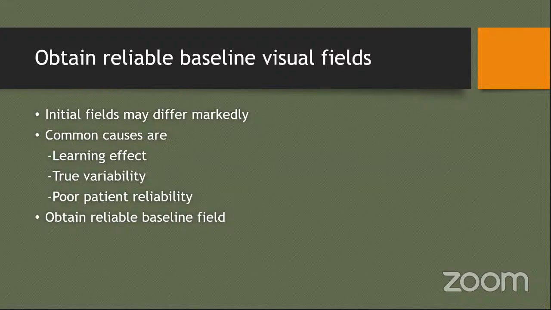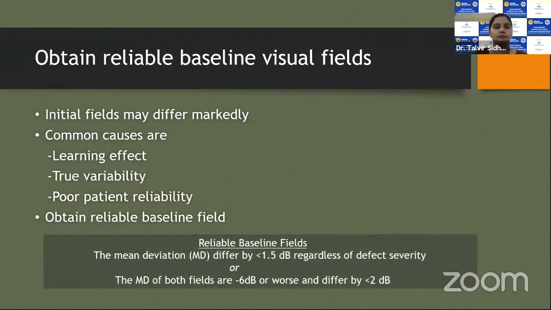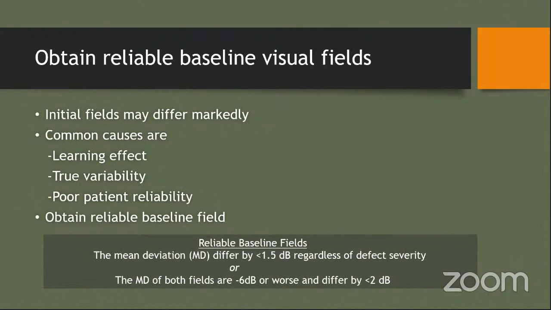It is the most important step in glaucoma management because it is the very field that would determine whether the patient's visual field is stable or deteriorating in future. Now, the question is, what constitutes a reliable baseline field? These two criteria may be used, which basically indicate that less than 2 decibel variability in the mean deviations can be taken as a sign that a reliable baseline visual field has been achieved.